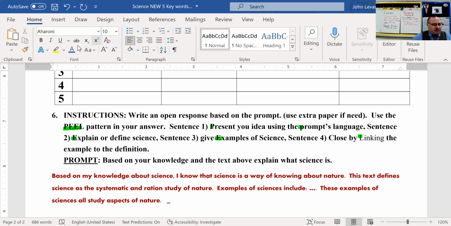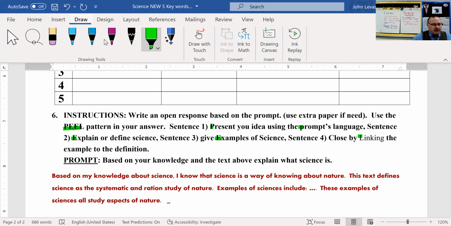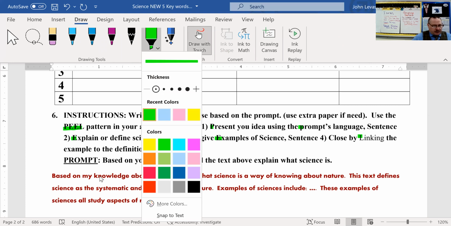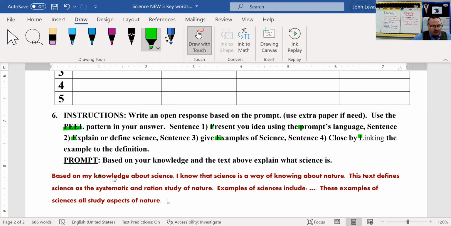And I want to point out some things to you. So what did we do? We first used the prompt. Based on my knowledge, based on your knowledge. And then we introduced the idea. I know something about science. Science is related to nature. So I presented my idea, and I used the prompt.